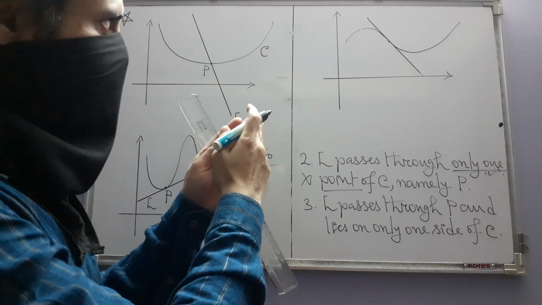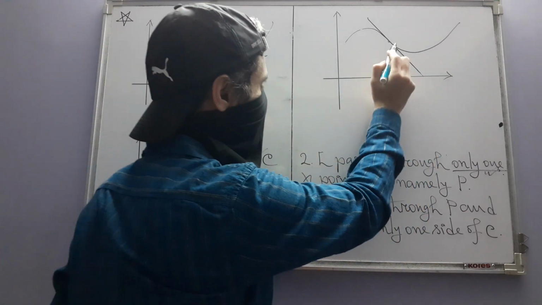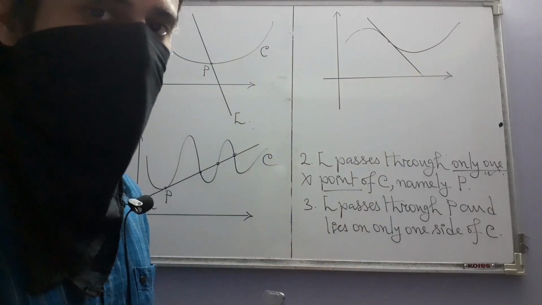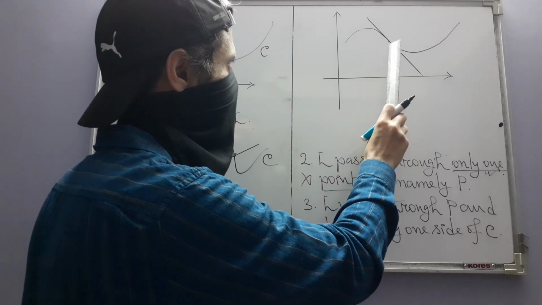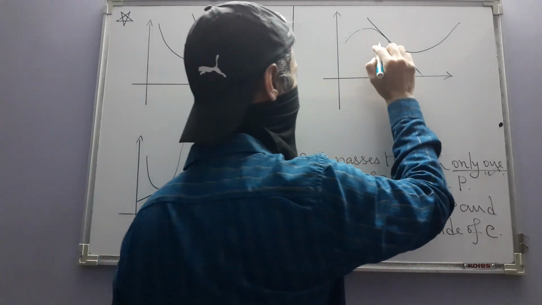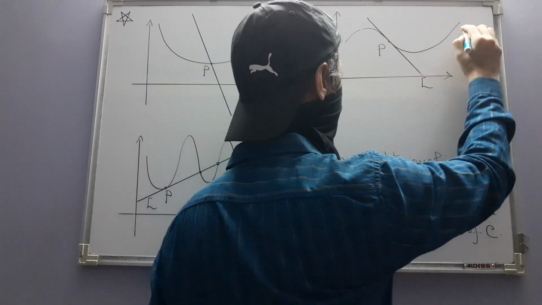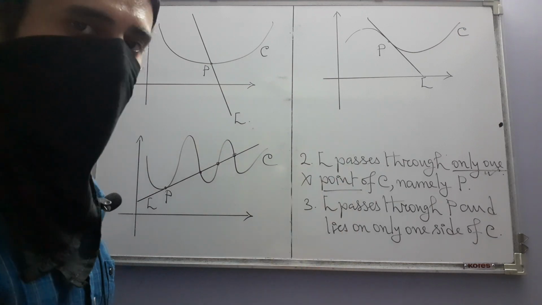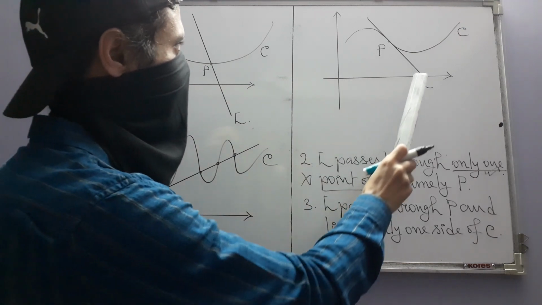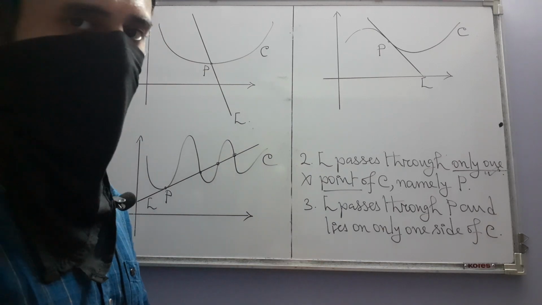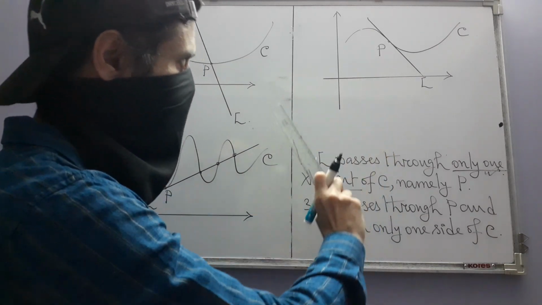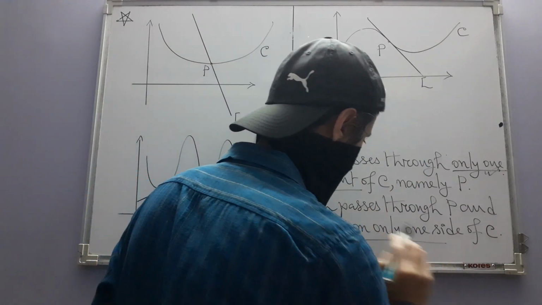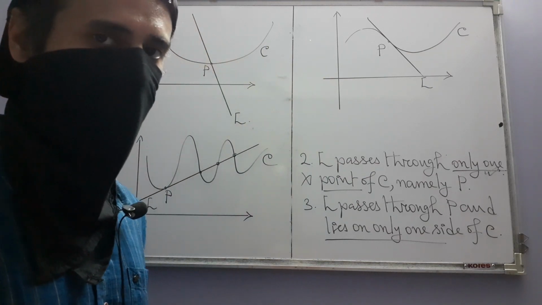But you can imagine that if we magnify this sufficiently, the separation between this line and this curve will become more and more clear, so that actually the line is passing through P only. This is our L and this is C. So in spite of showing that tangent kind of behavior, here L does not lie on one side of the curve, but parts of L lie on this side, parts of L lie on that side. So this lying on one side also becomes a problematic condition.